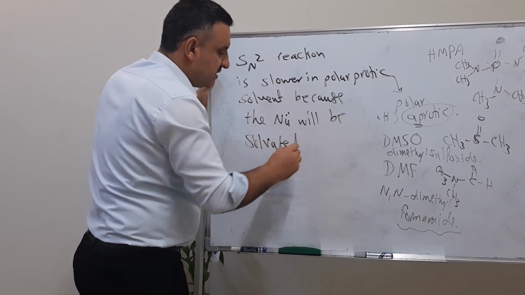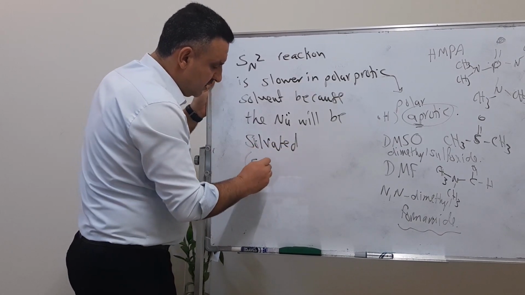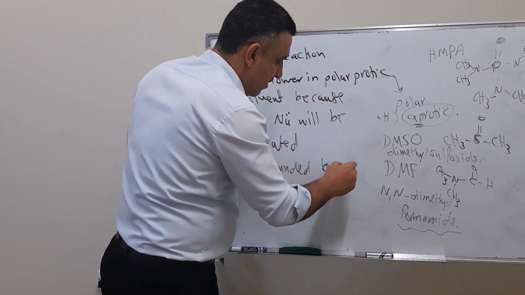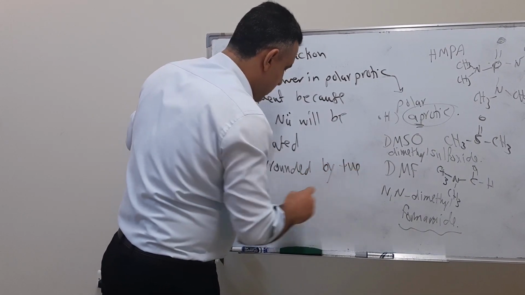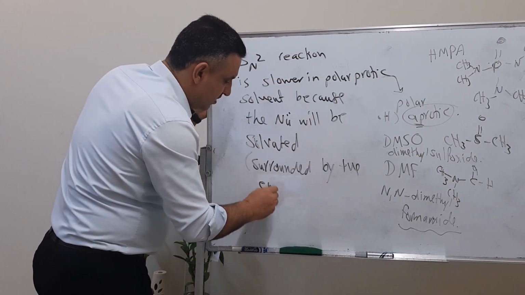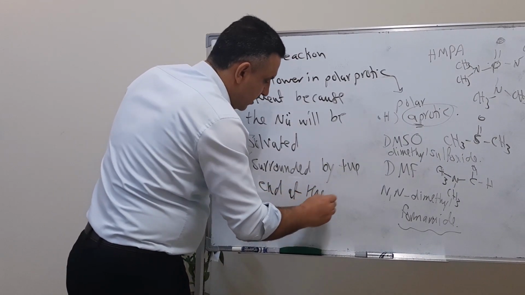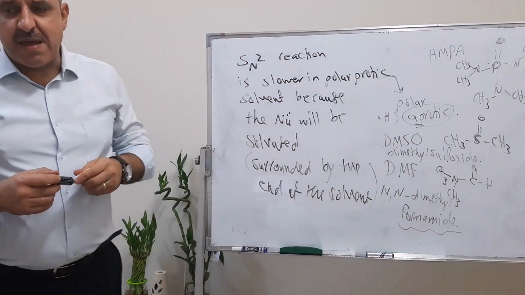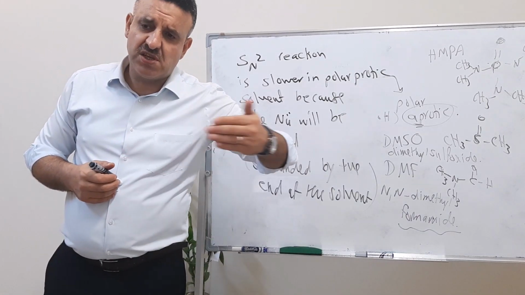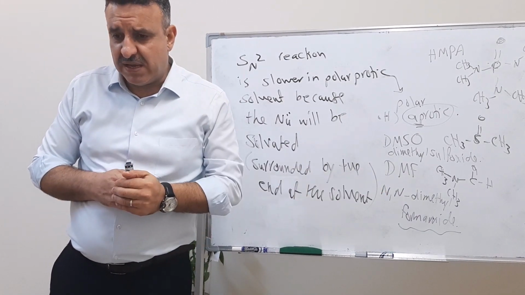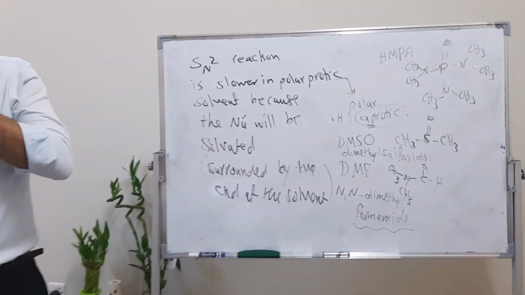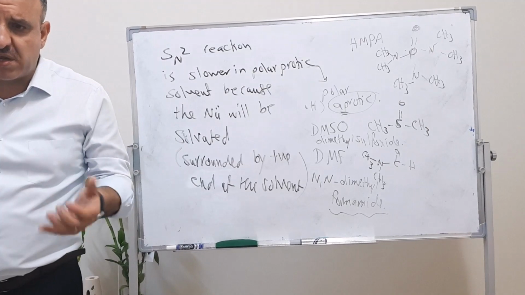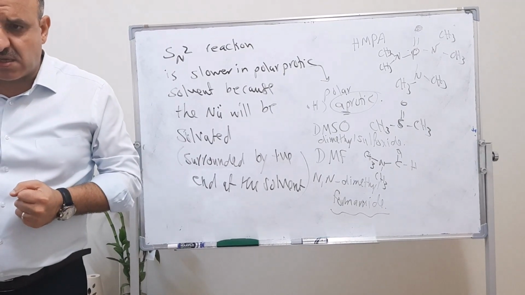The meaning of solvated is surrounded by, of course, the positive part or end of the solvent, and therefore its ability to reach the reaction center will be less. That's why, generally speaking, SN2 reactions are slower in polar protic solvent.